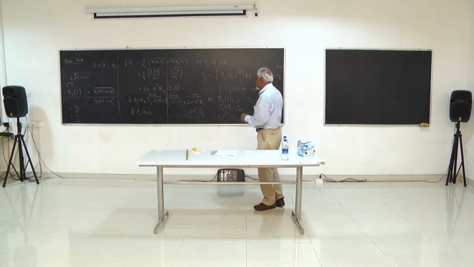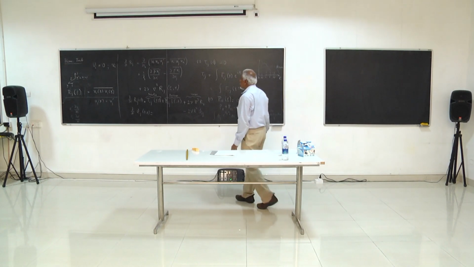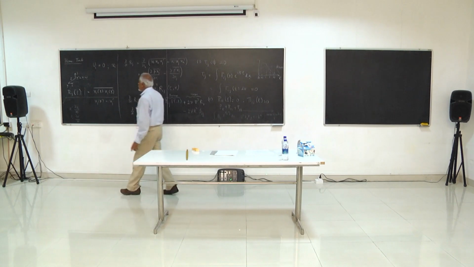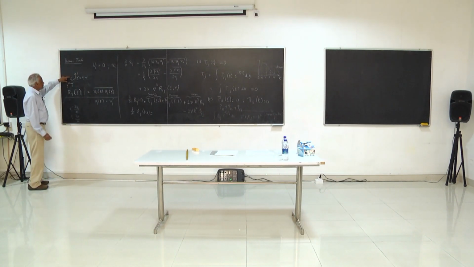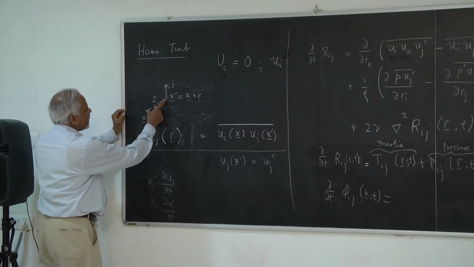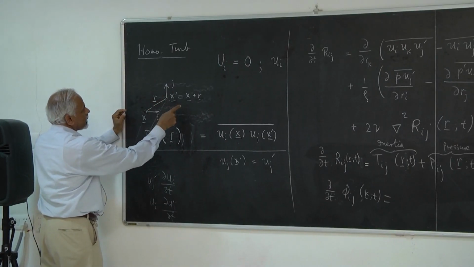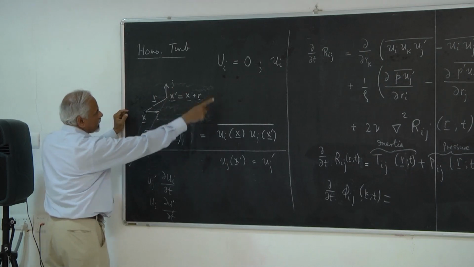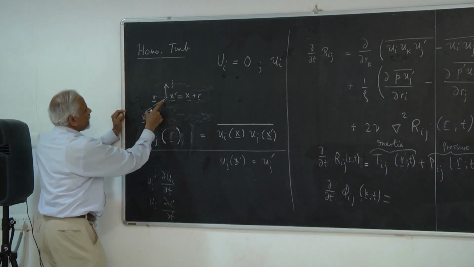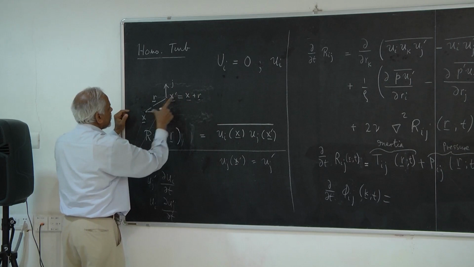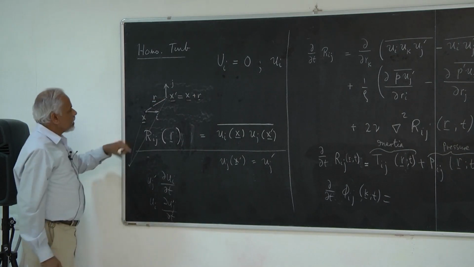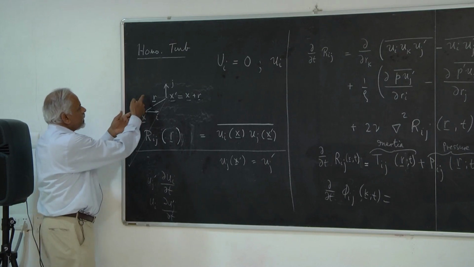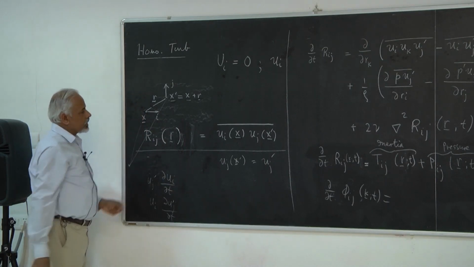So let's do one special thing, and that is we not only now look at homogeneous turbulence, but also isotropic turbulence. That is to say, any quantity like Rij that you can compute will not only be translationally invariant, like you take this here, move this anywhere, it's the same, but also reflectionally symmetric.